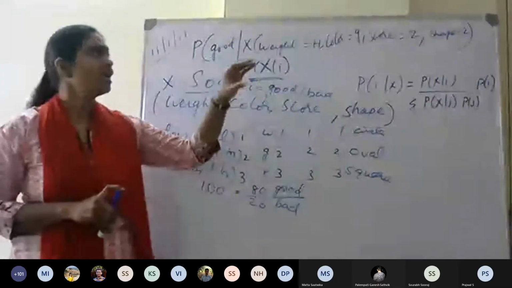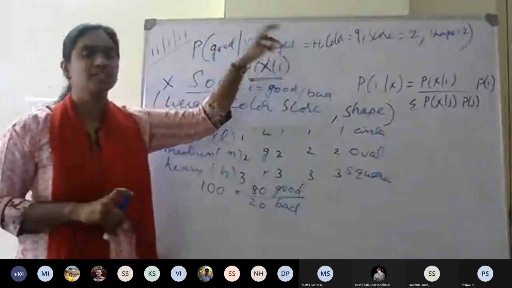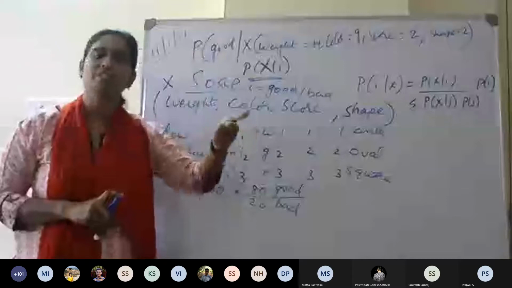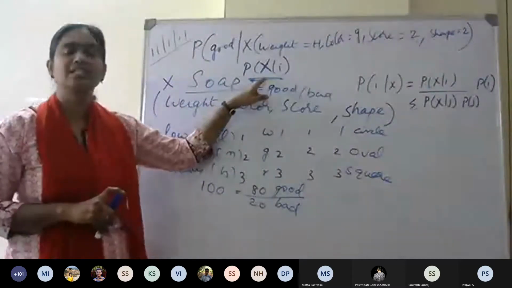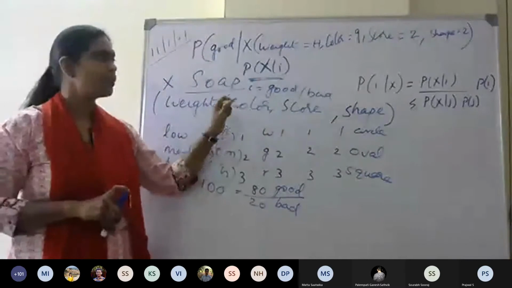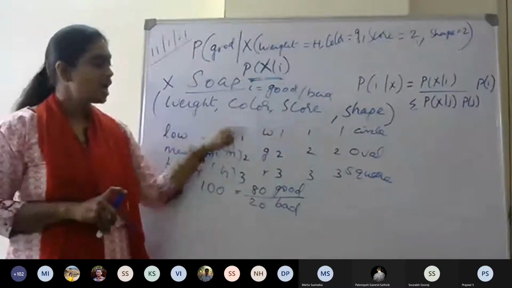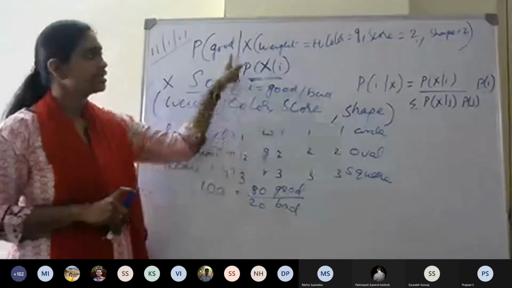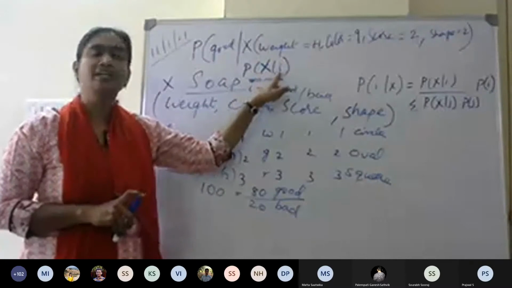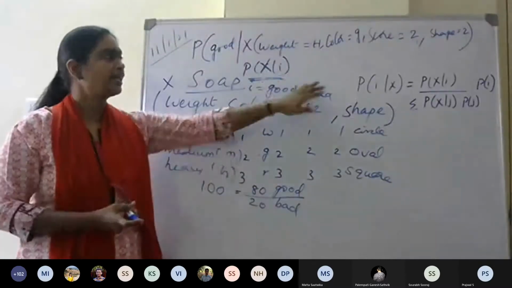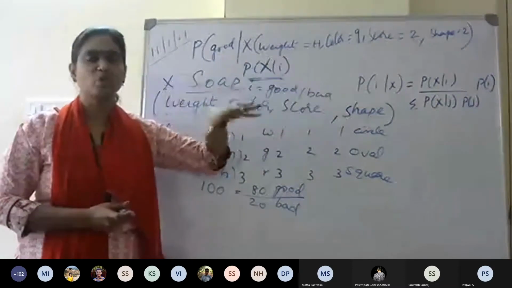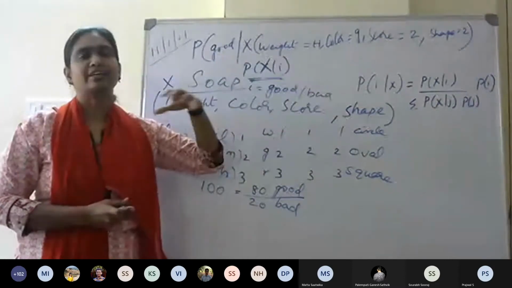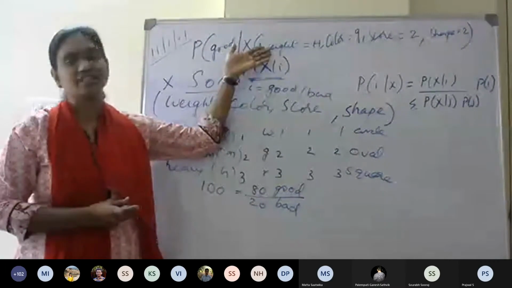In that 80, I should know how many times this combination appears. Only then can I substitute this in the numerator. If it does not appear at all, I cannot calculate the probability of whether that particular soap will be good, given these features.